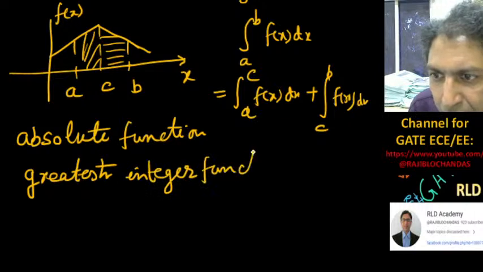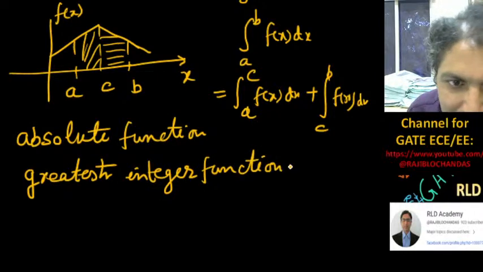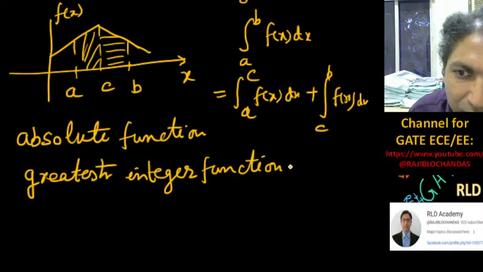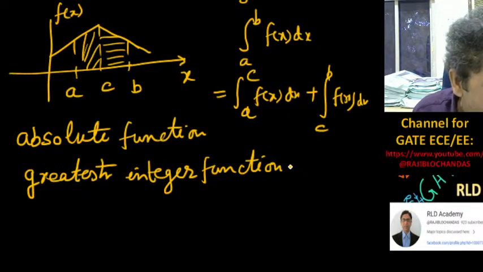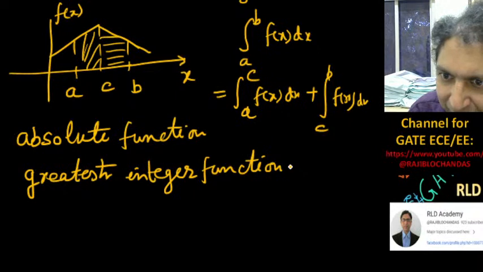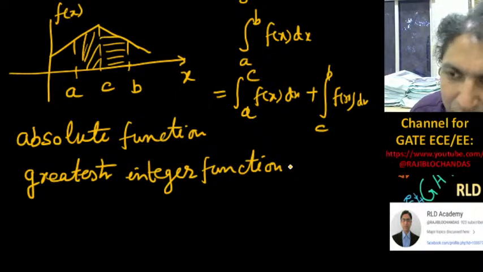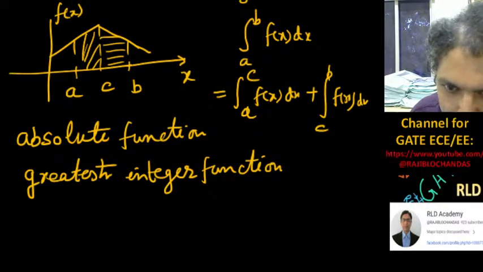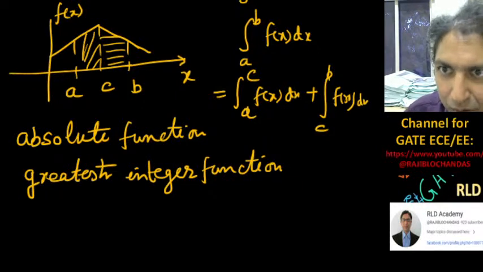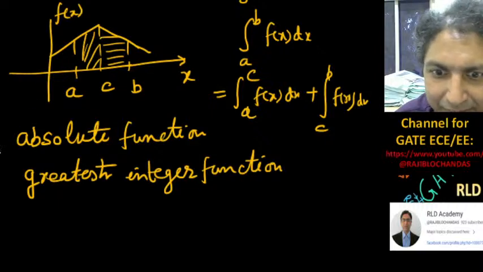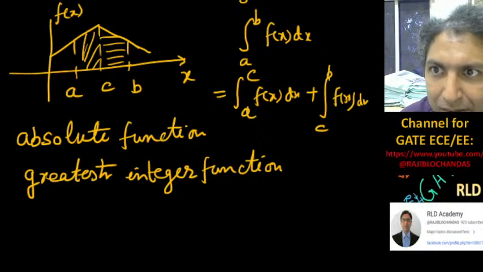These two functions we need to understand, and lots of problems come from these two areas only. We will be discussing some interesting problems based on these two. So let me define these two, then you will get a certain idea about this one.